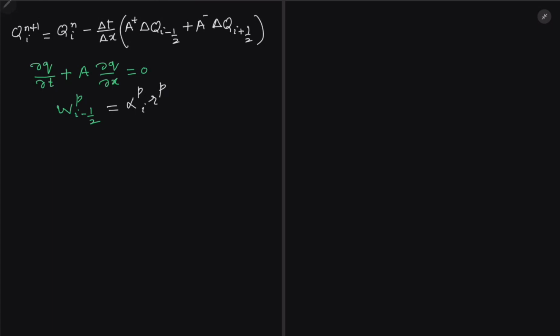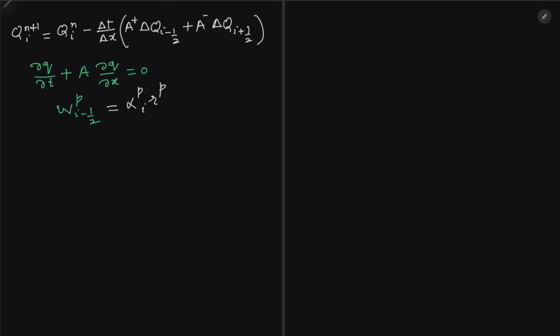For example, if we have i minus 1 half and i plus 1 half, this is cell number i, and at this cell we have alpha p i, and for that wave we have r p. So we are calculating the wave at each cell.